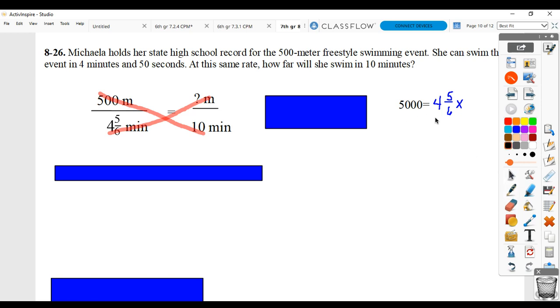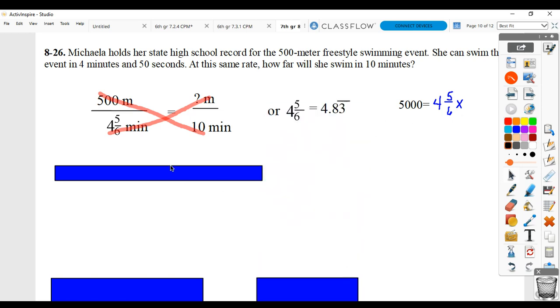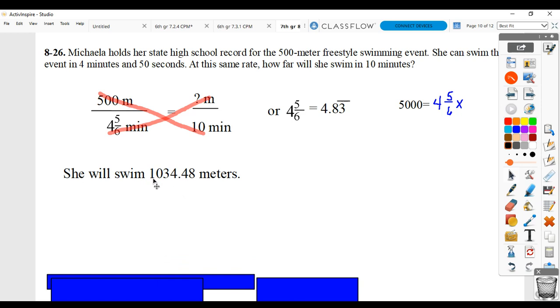You're going to divide both sides by 4 and 5/6. So you're going to take 5,000 divided by 4 and 5/6, and then you'll get just x, which is our goal. So you end up getting that she should swim 1,034 and 48 hundredths meters.